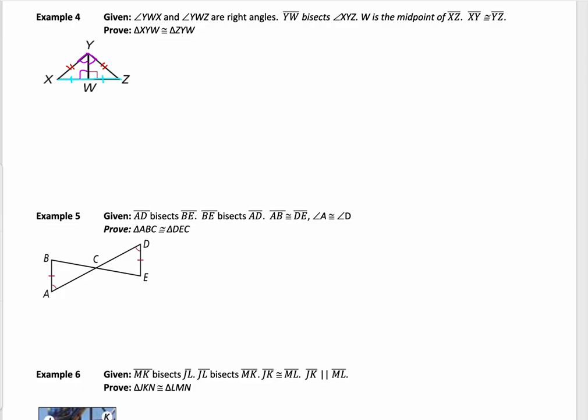So let's start with the angles. Do we know any pairs of angles? Well, we'll write this as a proof. This is going to be a longer proof because we have to prove 6 things, right? But we'll start with the angles.